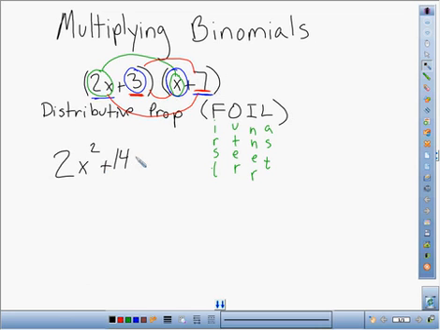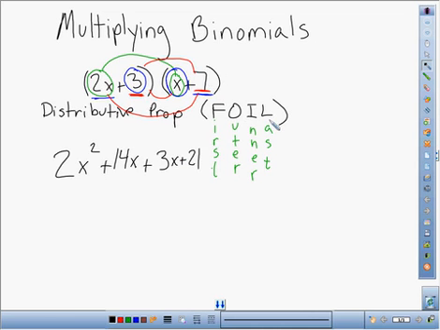And x times, well, there is no x, so it's just going to stay x. Now I've got to do my inner terms, these two inner ones. So 3 times x. 3 times 1 is 3, and then there's no other x, so it's just going to stay together. And then our last terms. 3 times 7 is positive 21. So first, outer, inner, last.